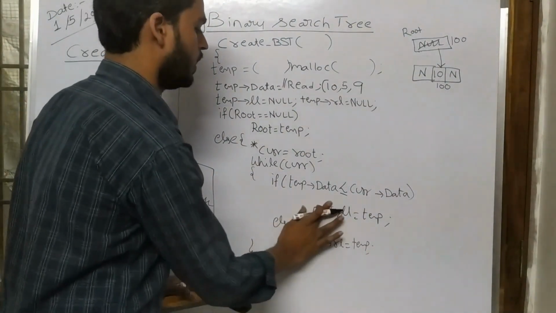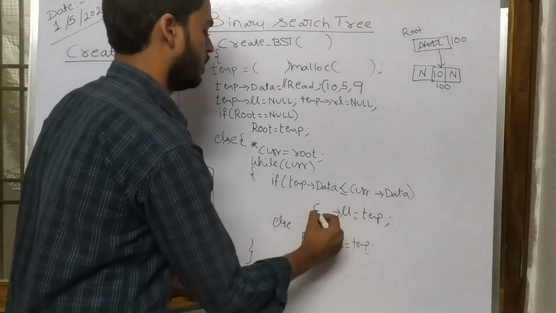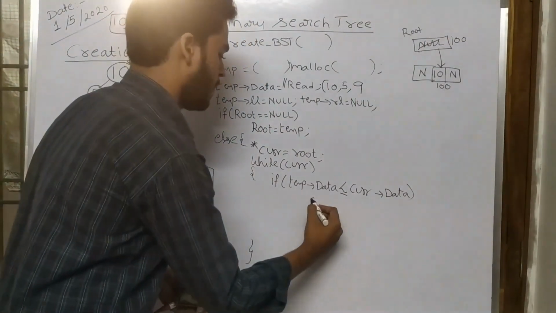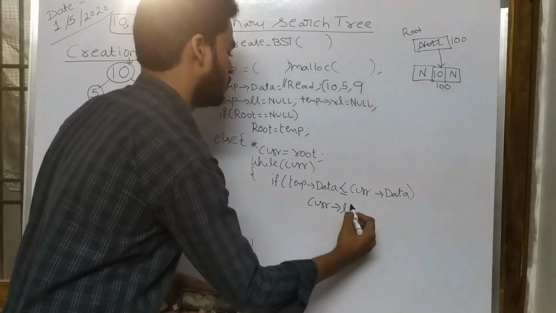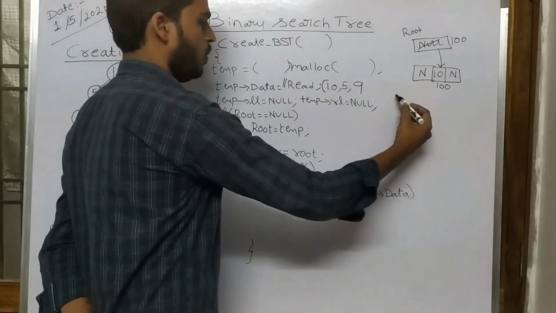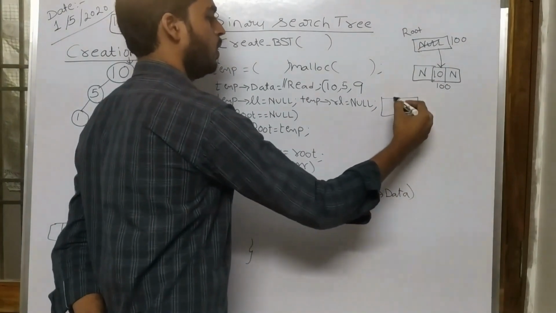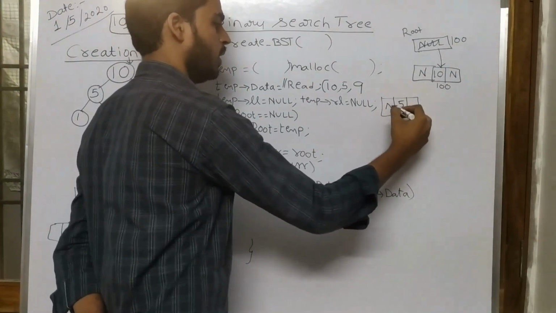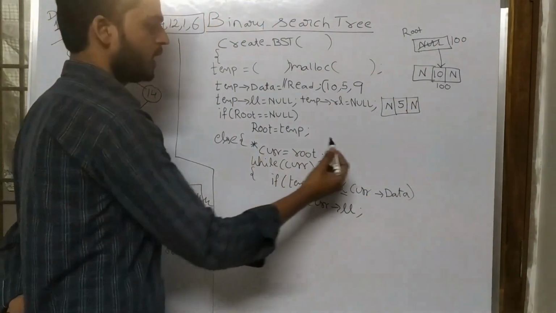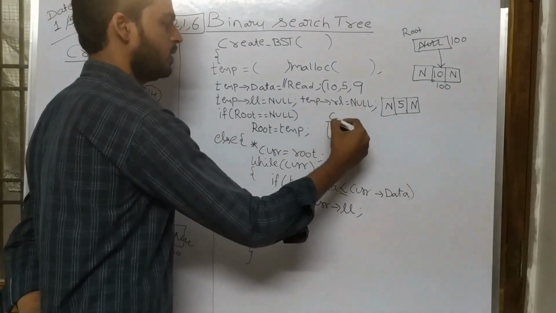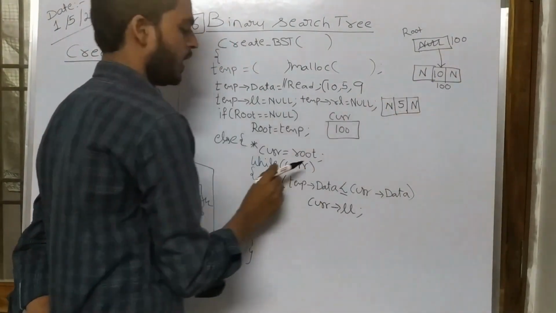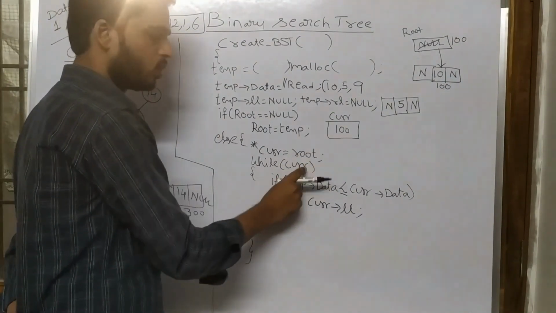So instead of all these, I will take current's left link, right? Once check here, right? Now I have created a node with a value 5, null. Now what value does current contain? Current contains the address 100.